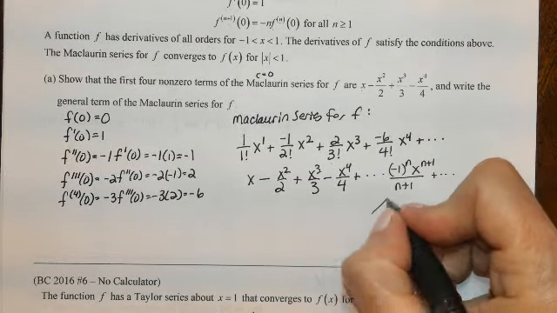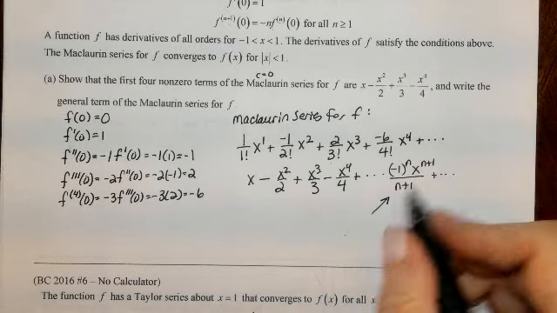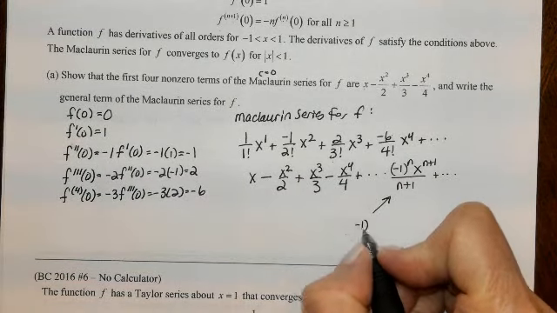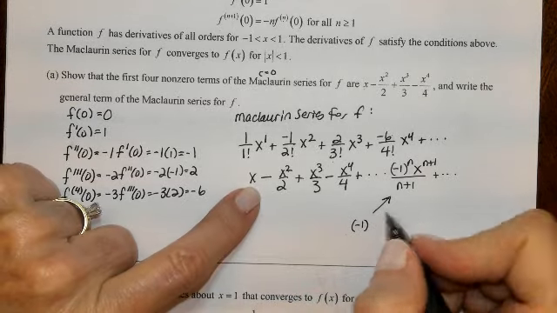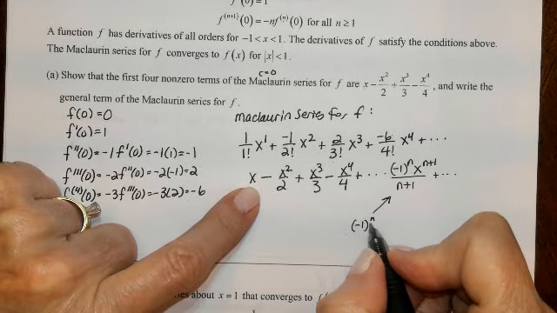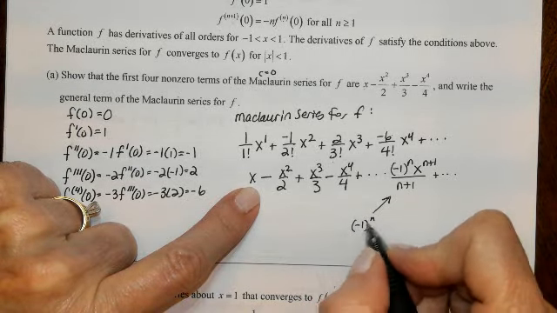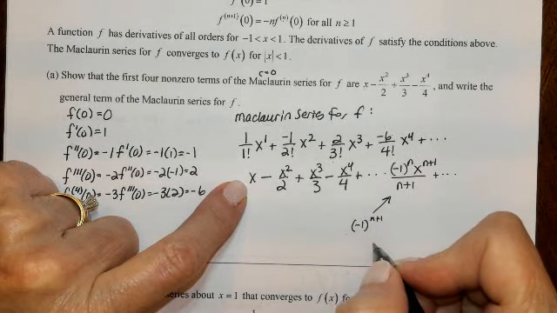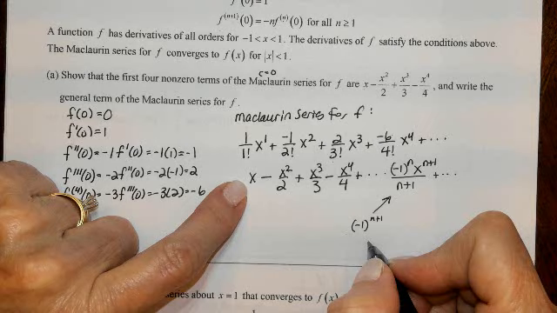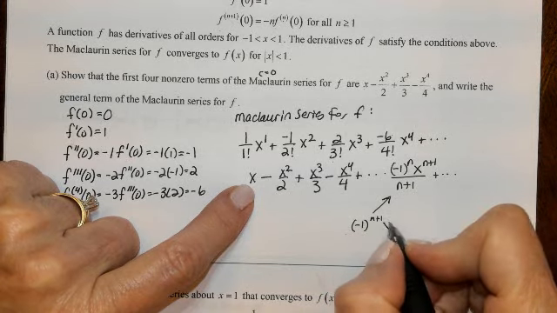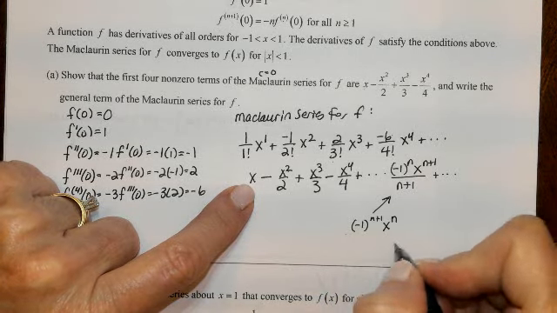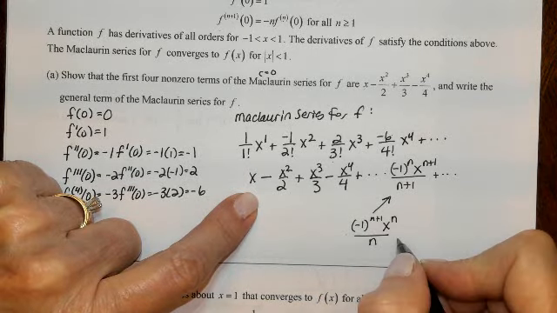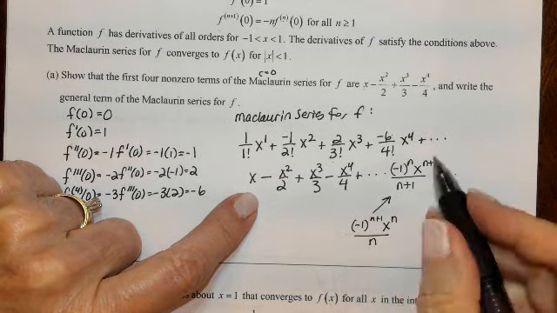An alternate to that general term would be, what if we started n at 1? If we started n at 1, then I don't want to just put an n here, because if I start n at 1, this would be a negative, and I want that first term to be a positive. So I would need to do it like a plus 1, like that. Then I could put x to the just n, if we're starting n at 1, divided by just n, and that would be the same thing.